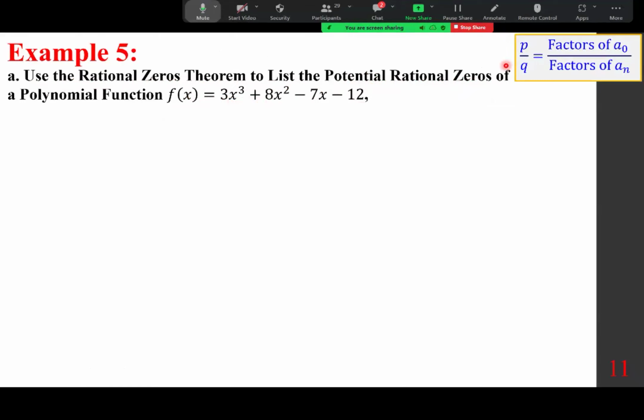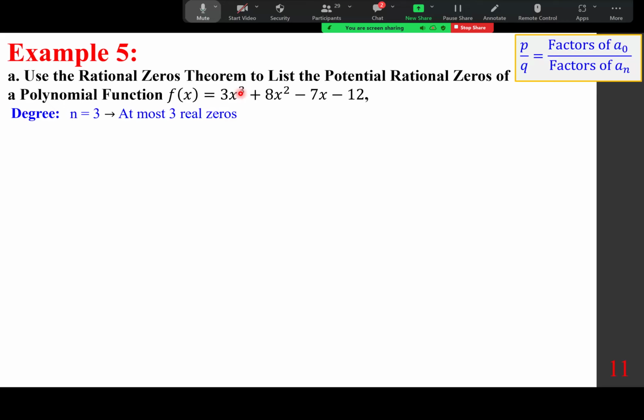According to the rational zero theorem, notice that, first of all, this is degree 3, and therefore at maximum we have 3 zeros.